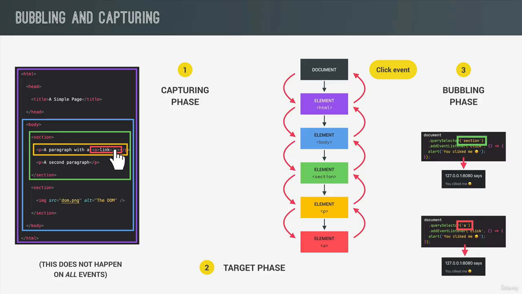Some of them are created right on the target element, and so we can only handle them there. But really, most of the events do capture and bubble, such as I described it here in this lecture. We can also say that events propagate, which is really what capturing and bubbling is. It's events propagating from one place to another.